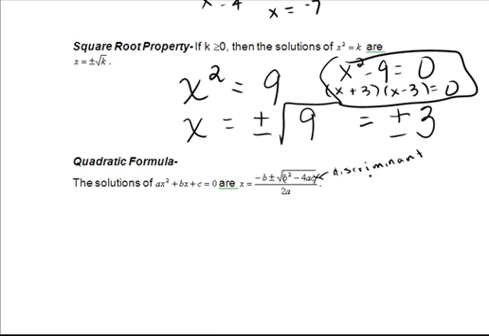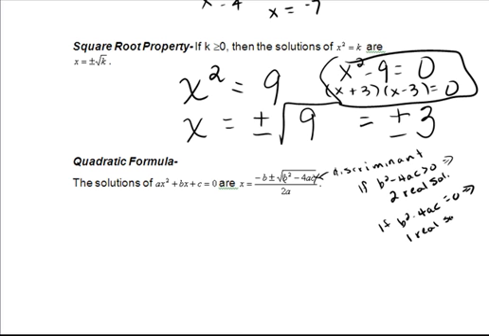And what we know is if b squared minus 4ac is positive, we get two real solutions to the quadratic. If b squared minus 4ac equals 0, we get one real solution.